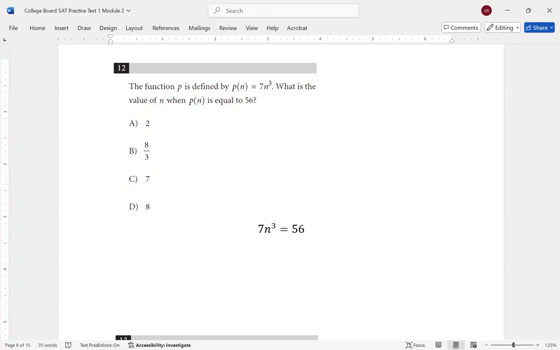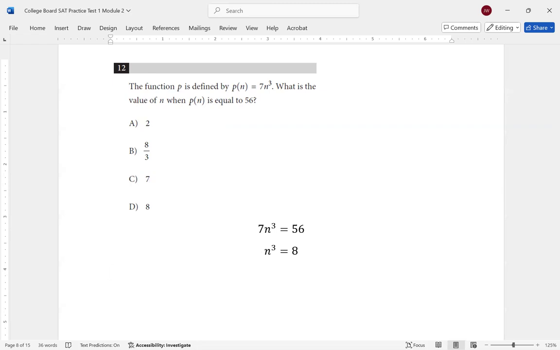So all we have to do is solve this equation if we want to figure out what the correct value of n is. I would divide both sides by 7. We'd end up with n raised to the third power is equal to 8. And then you can take a cube root of both sides, a 1/3 power on both sides.